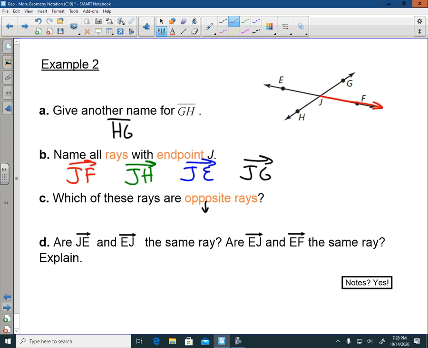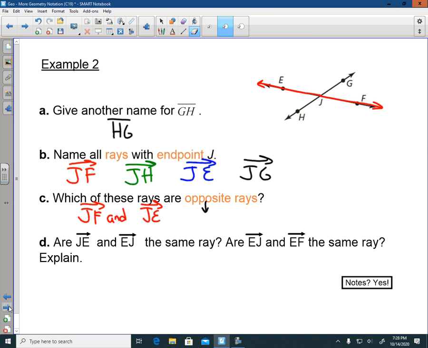Is it JG? Is it JH? Or is it JE? Which one points in the exact opposite direction? If you guess JE, you're correct. And so which of these rays are opposite rays? We have JF and JE are opposite rays.